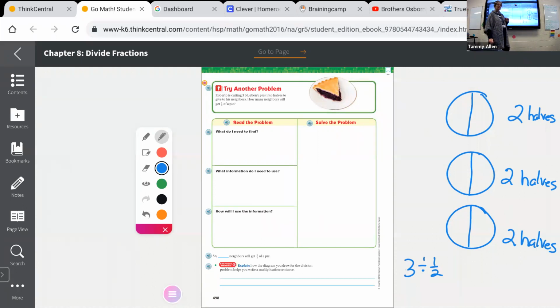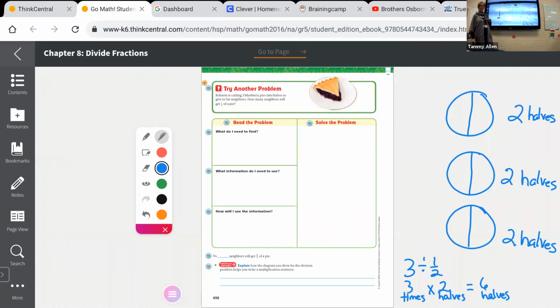I know where my 6 was coming from. 3 times 2 halves, for a total of 6 halves. Right? There's where that 6 was coming from.